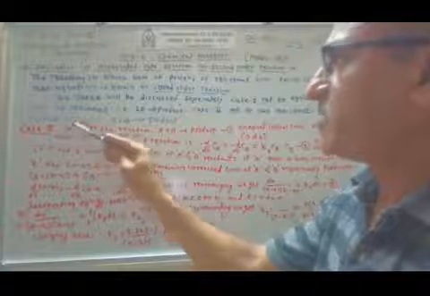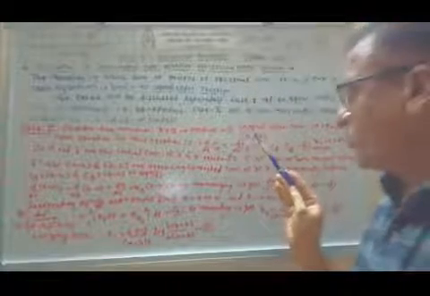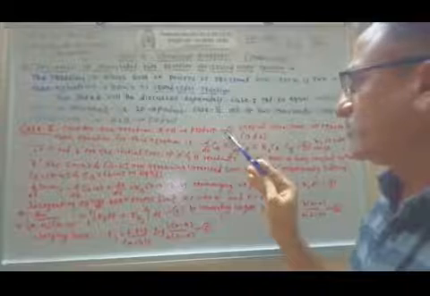Now friends, consider the second case for derivation of integral of rate equation for second order reaction, that is the unequal initial concentration, that is a is not equal to b. So here we have to consider the reaction A plus B gives product, equation number 1.